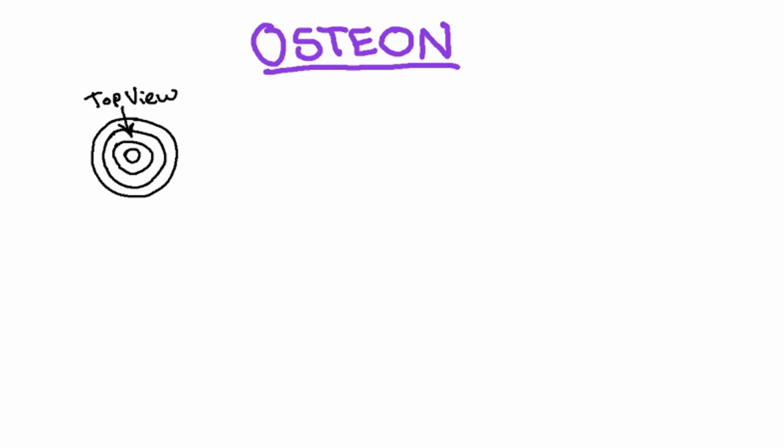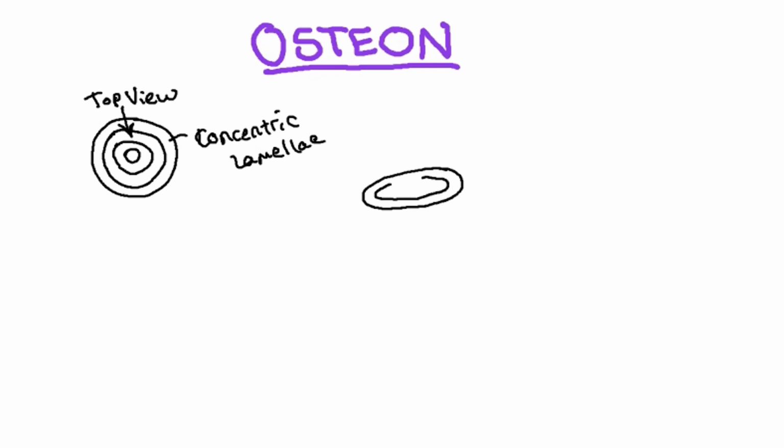Because really, the osteon is made up, these concentric lamella, these are actually sheets of lamellae that are wrapped around each other in a cylinder shape. So we'll just do that. We'll give it three rings.